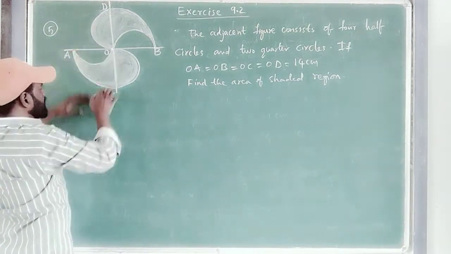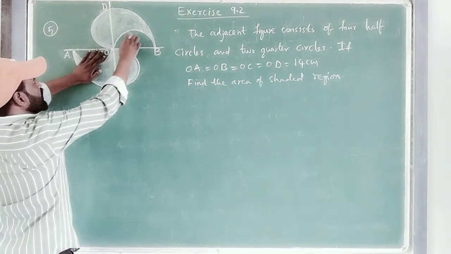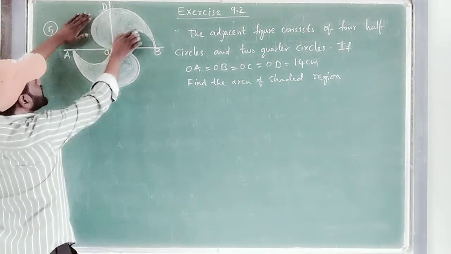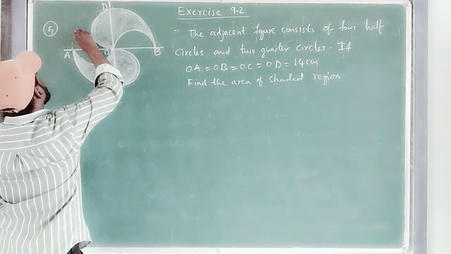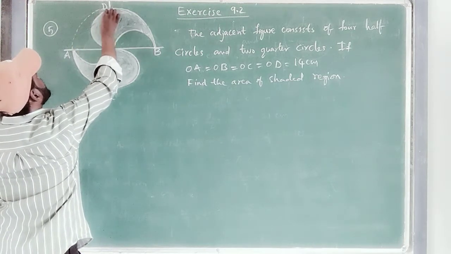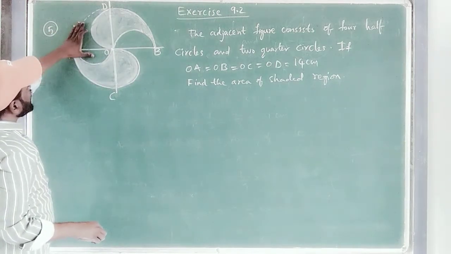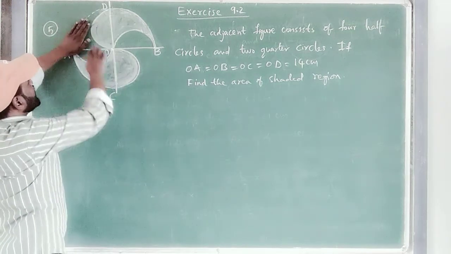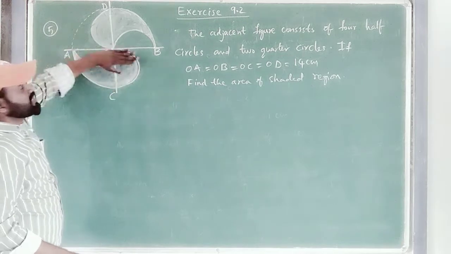If you remove this part and insert it in the empty space here, the upper part will be filled like this. See, now I am joining by the dotted lines. Now you can see the unshaded portion is equal to this one. That means if I remove it and fix it here, it will be completed with a half circle.